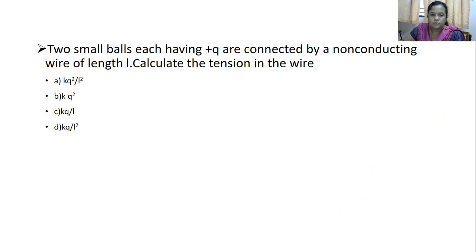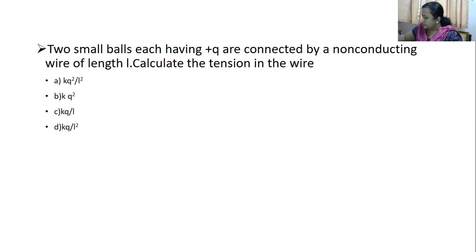Two small balls, each having plus Q charges, are connected by a non-conducting wire of length L. Calculate the tension in the wire. So read the question and try to make a diagram of this question.